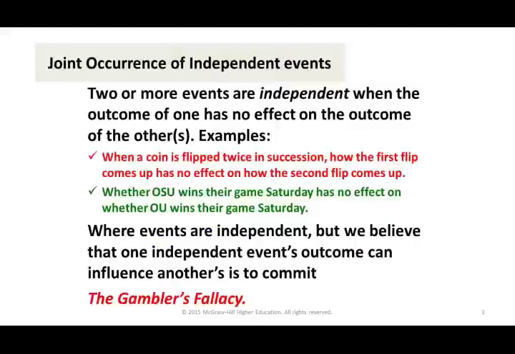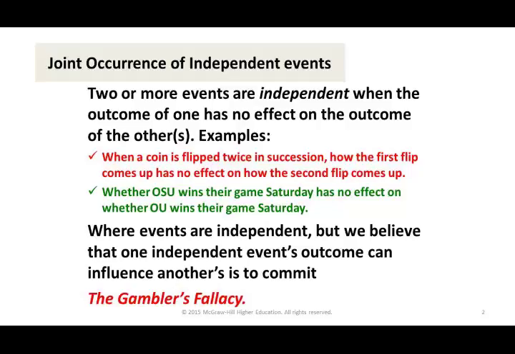So the first type that we need to look at is called a joint occurrence of independent events. And here's what we mean. That's when there are two events that we want to calculate the probability of occurring together, but the odds of each event are independent of the other, so that one event has no bearing on the other event.